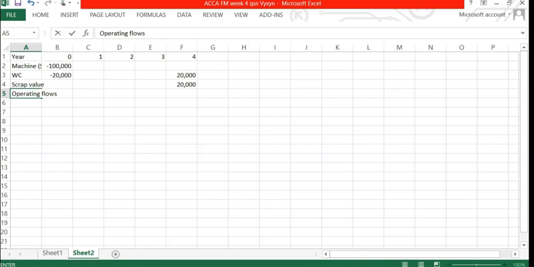So in each of year one and year two, we are going to have 30,000, and then in year three, we will be having 40,000, and in year four, 40,000. That's the idea.